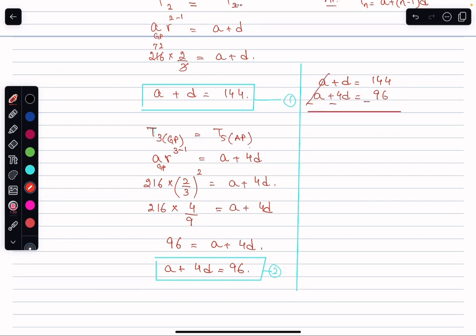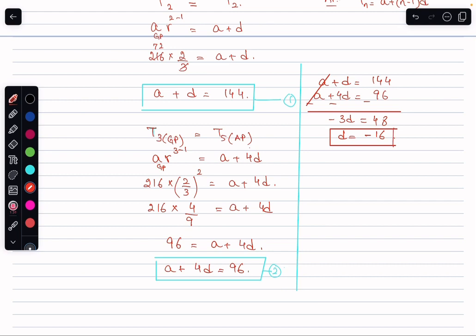the A gets simplified, and I can say it's negative 3D, which equals 48, or D will then be equal to negative 16. So the common difference for the arithmetic progression is negative 16.